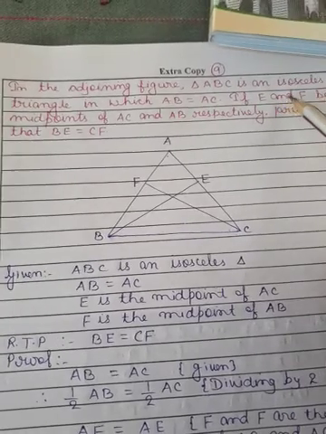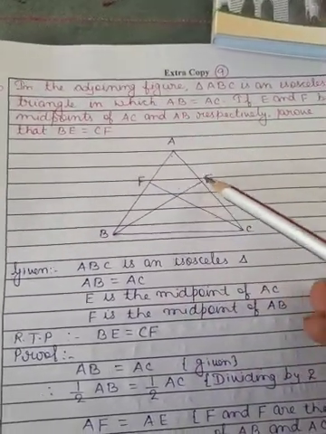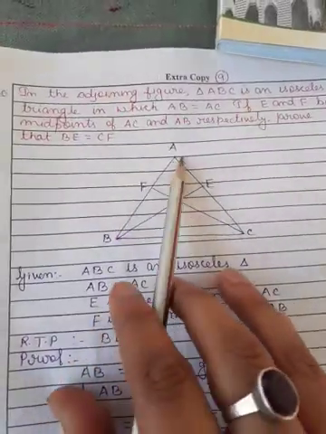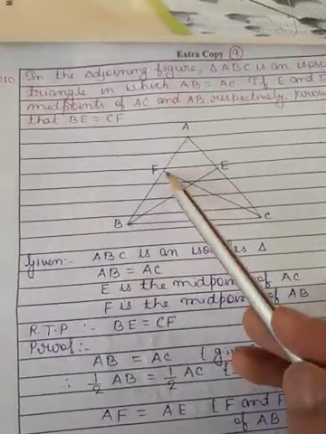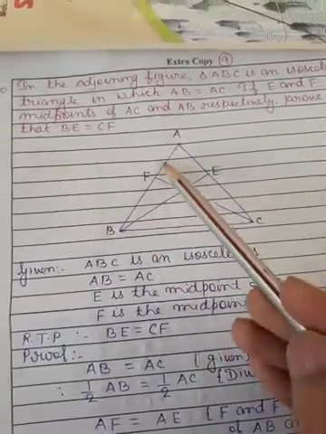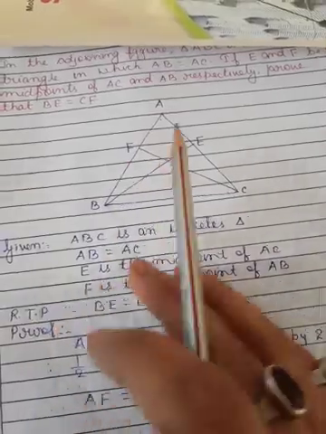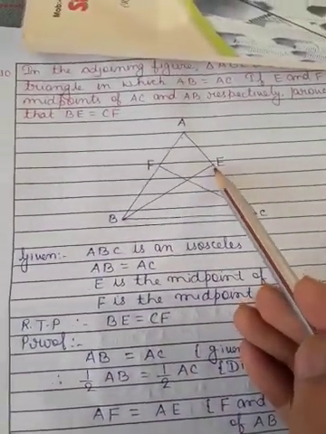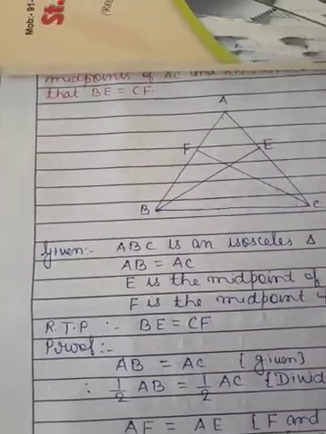If E and F are the midpoints of AC and AB, that means E is the midpoint of AC, and F is the midpoint of AB. Midpoint means half. Now what do we have to prove? Prove that BE equals CF. So let us start.